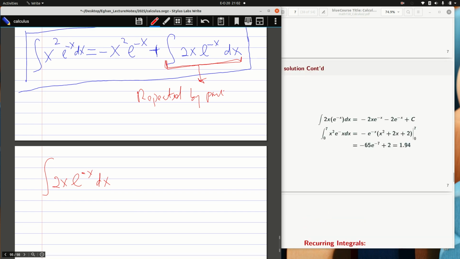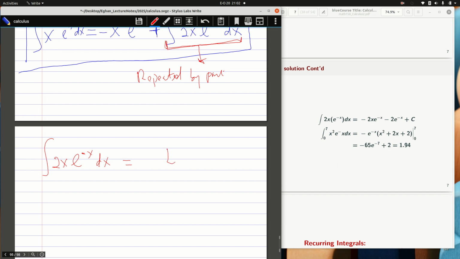So what do I do? Still, I'm going to use my acronym. I'll never forget this. Do I have a log function? No. Do I have a reciprocal? No. Do I have an algebraic function? Yes. So it means my u is going to be 2x, and the other part of the problem takes everything here. This means that du is going to be 2 dx, and then v is the integration, I have that.